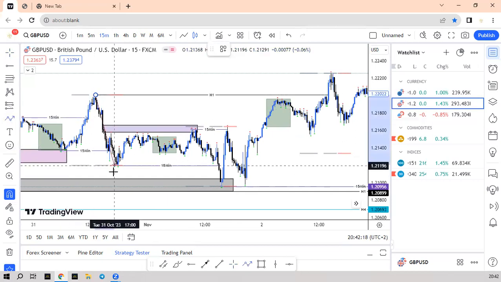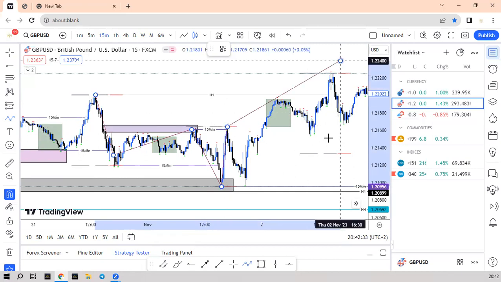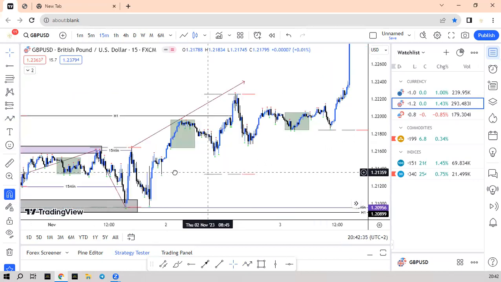Gave it a little bit of retracement. Then it tanked down. Then we had a break of structure right here. Then we have not created a high yet.